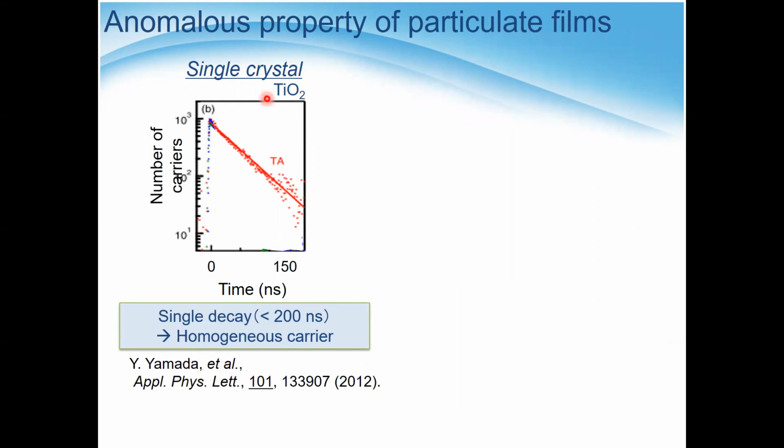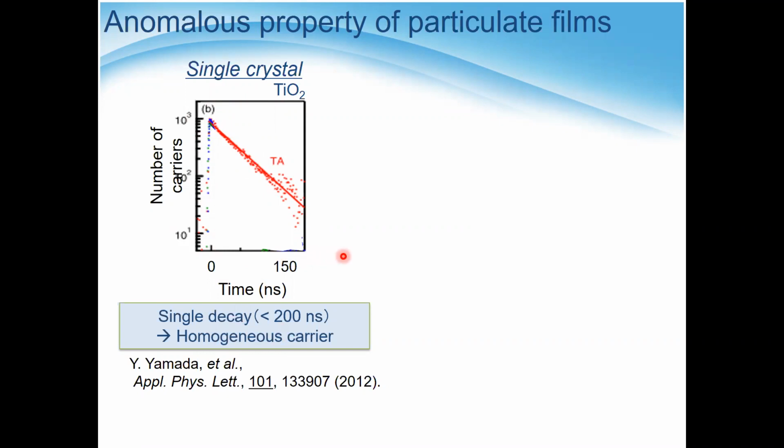Yes, because looking at here, if you use a single crystalline TiO2, whatever the signal is after photoexcitation, the charge carriers were observed during the decay. Right? So in the case of the single crystal TiO2, it decayed with a single exponential decay because the vertical axis is logarithmic, meaning that the charge carrier is basically a homogeneous type of single type of the charge carriers.